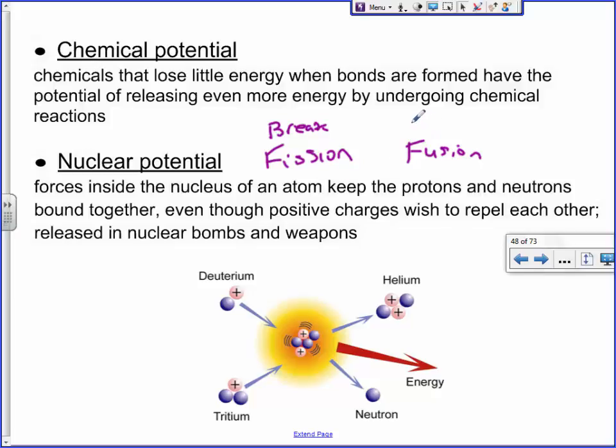And if you can take two nuclei and put them together, that's known as fusion. That's what our sun does, actually. Our sun takes a hydrogen atom, adds another hydrogen atom, and turns it into helium, essentially. So at a nuclear level, there's a lot of potential if you can bust up that nucleus or put them together.